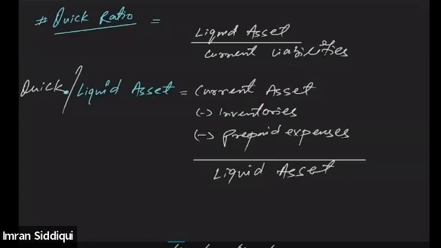Similarly, prepaid expenses are not something that is realizable on an immediate basis. So we need to subtract inventories and prepaid expenses to figure out the value of the quick asset. All right, so remember the formula to figure out the value of the liquid or quick asset. You need to subtract inventories and prepaid expenses out of the current asset. I hope this is clear, everybody.